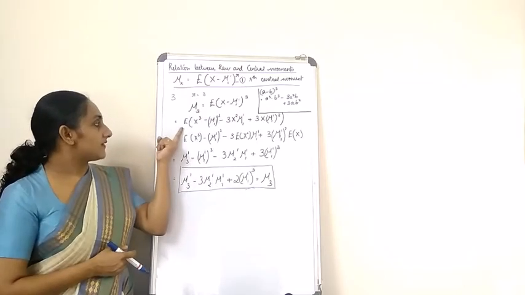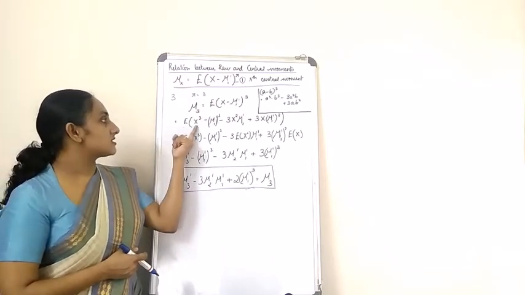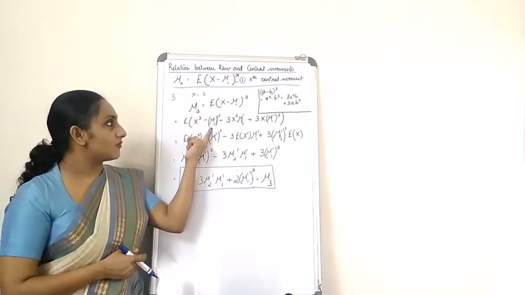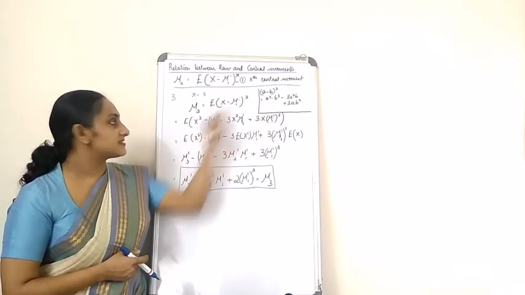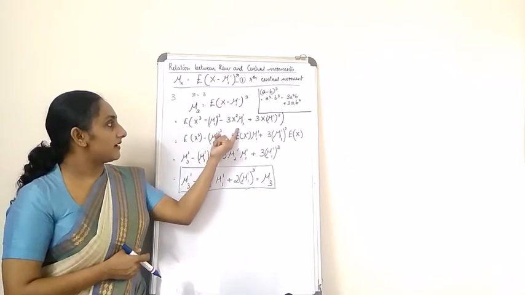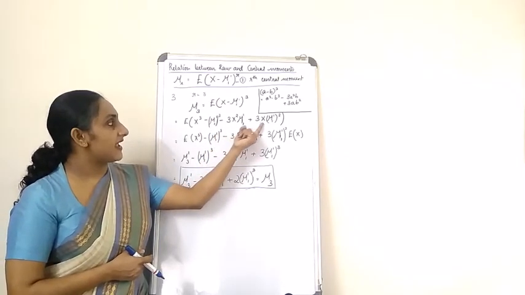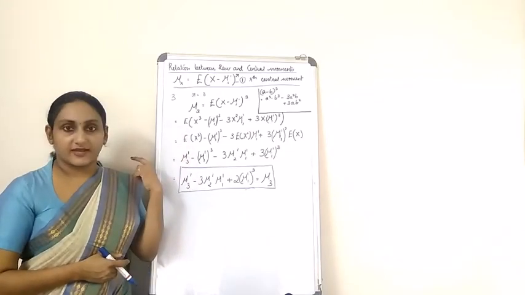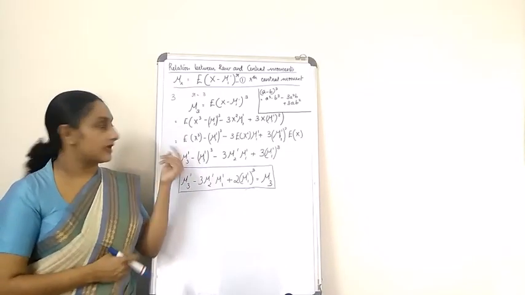Keep this in mind and start expanding. You get the expectation of x cube minus mu1 dash cube, where mu1 dash is b in this case, minus 3x square mu1 dash plus 3x mu1 dash square. Then again I take the expectation inside as done earlier.